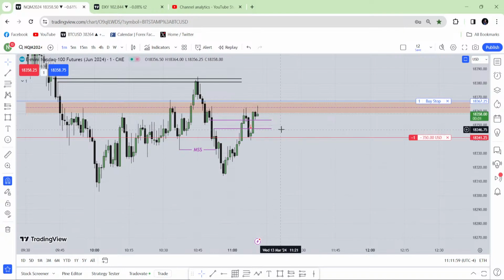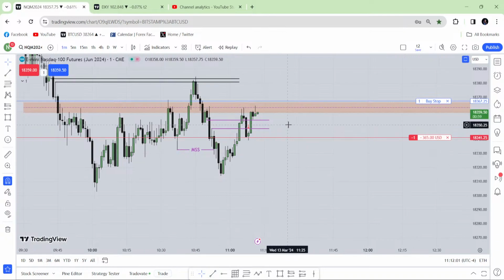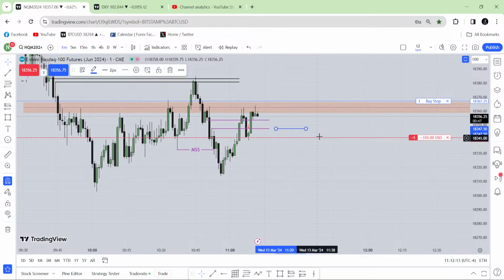My entry should have been here. I'm a little low, so the entry has to be here. But yeah, it is what it is. I actually pushed my button a little late. That should have been the entry over here.